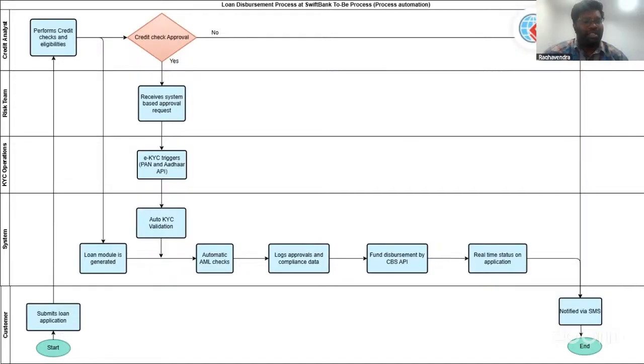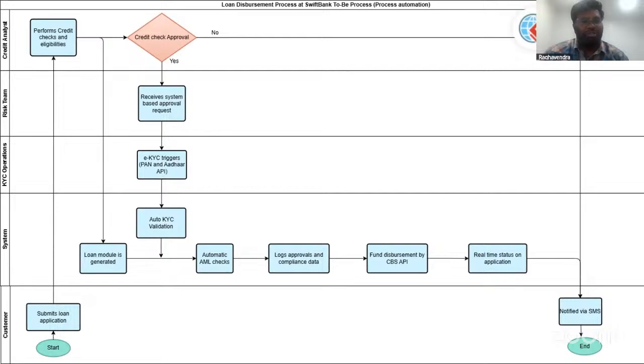So when the customer applies for an application, remember in the last slide, the application goes to the manager. Now there is no manager in place, so it directly goes to the credit team. They perform the eligibility test, like credit check, as in the CIBIL score is involved.